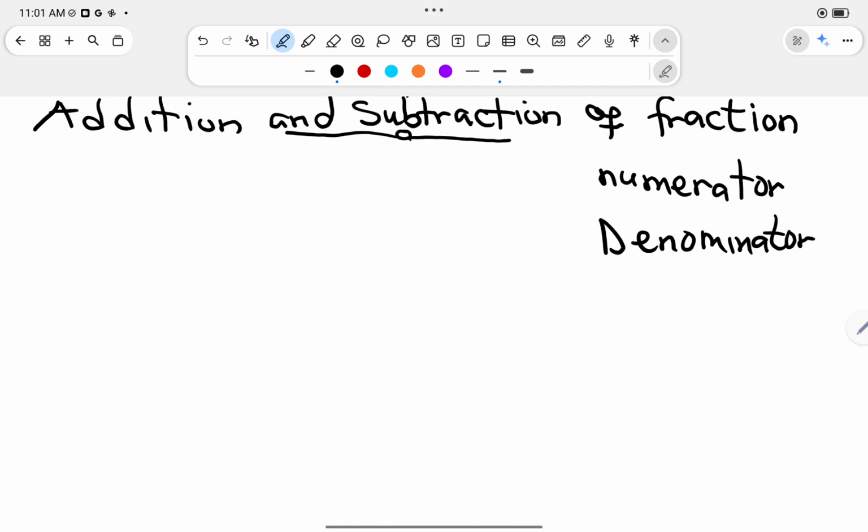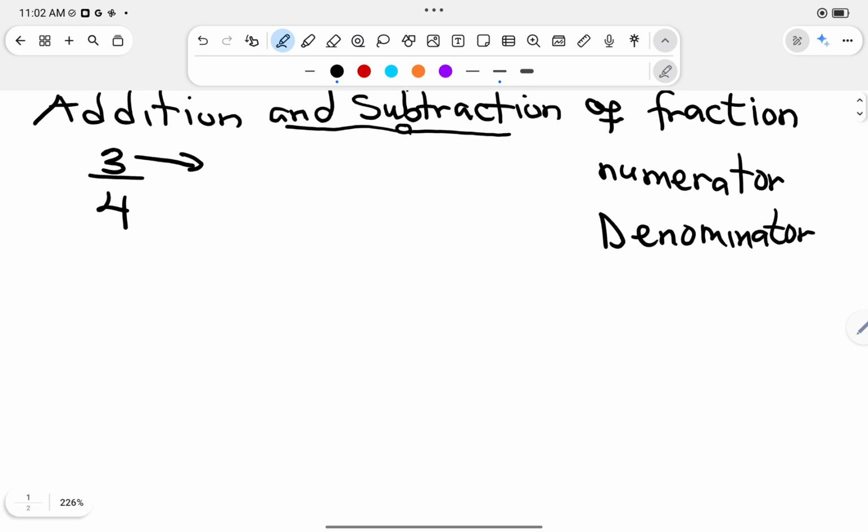Let me use an example of a fraction to explain what a numerator is and what a denominator is. If you have this fraction 3 out of 4, the upper number here, or the number at the top, is the numerator.